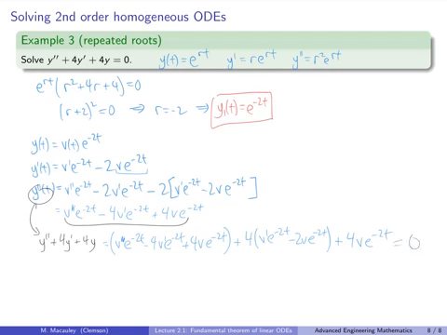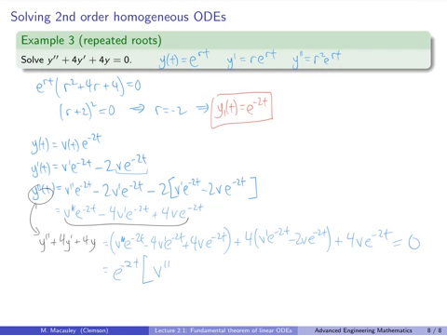So what we can do is factor out an e to the minus 2t. So we can write this as e to the minus 2t times, well, what's this mess? How many v double primes are there? That's easy. There's one, just this guy. How many v primes are there?